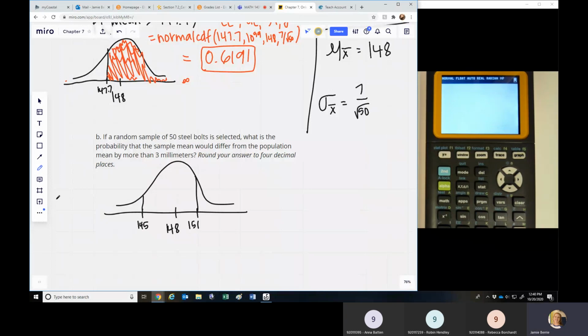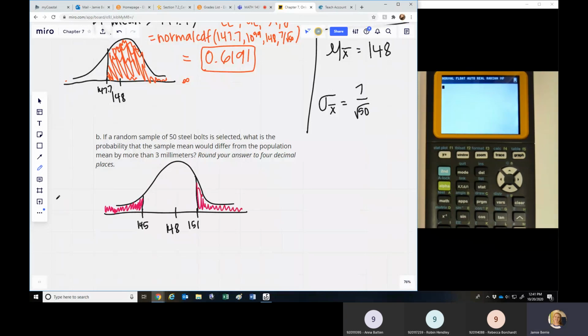What's the probability that the sample mean would differ from the population mean by more than 3 millimeters? That means, what's the probability that it's more than 151 or that it's less than 145? So shade in the tails this time. I'm going to write out how you know which way to shade.